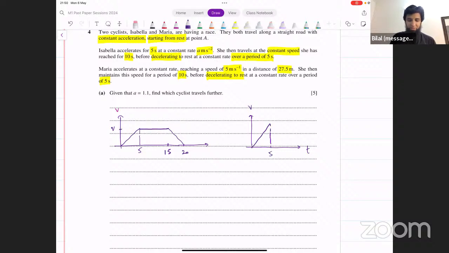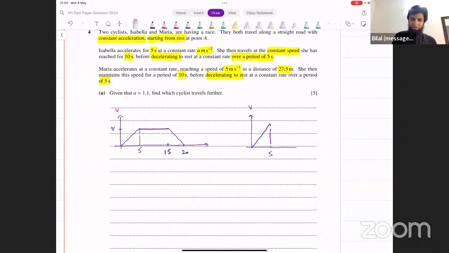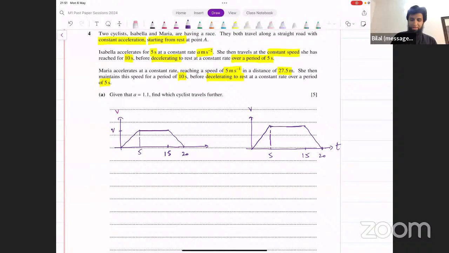She then maintains the speed for the next 10 seconds. This is 15. And then she decelerates to rest over a period of 5 seconds. At 20 seconds, she comes back to rest. This is how the journey of the second person looks like.